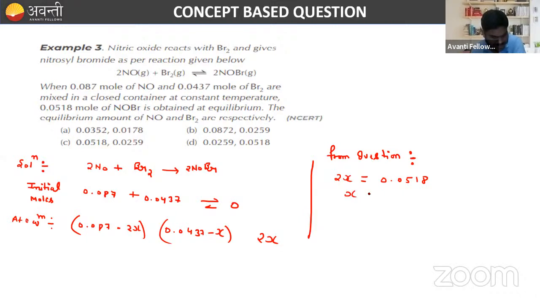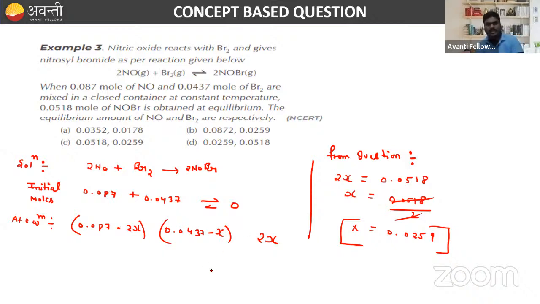How will you calculate x? x is 0.0518 divided by 2, which comes out to 0.0259. So this is the value of x.